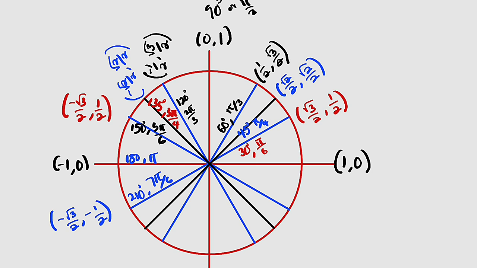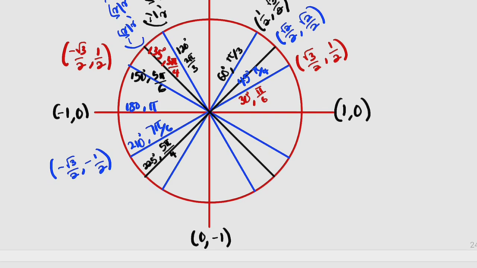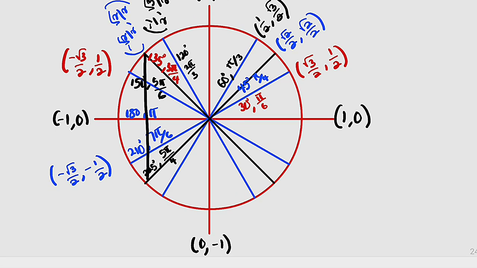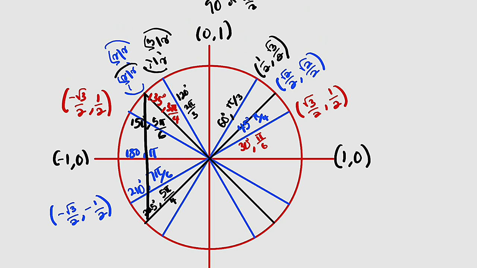All right, let's continue. After 210, we have 225. So this angle here will be 225 degrees or in radians 5 pi divided by 4. So what is the coordinate at that point? It must correspond to this one. Look at it here. So we have negative root 2 over 2, positive root 2 over 2, but in the third quadrant, all of them are negative.